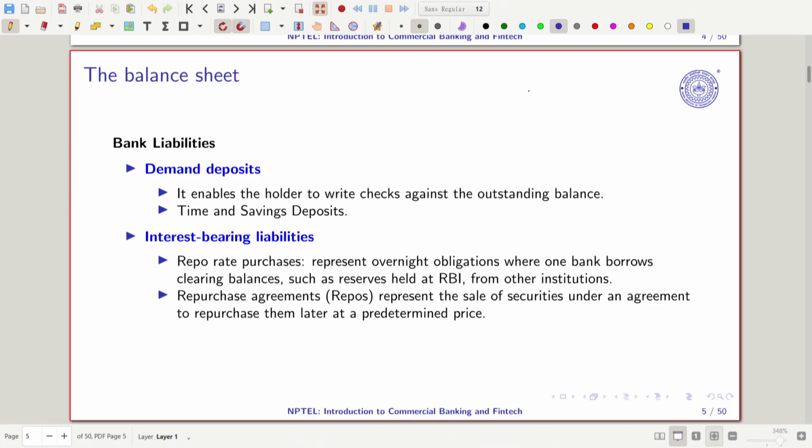Then come the liabilities. As I mentioned, the first liability is the demand deposits. Banks are supposed to pay a rate of interest on these, and it includes both time and saving deposits. Time means fixed deposit.